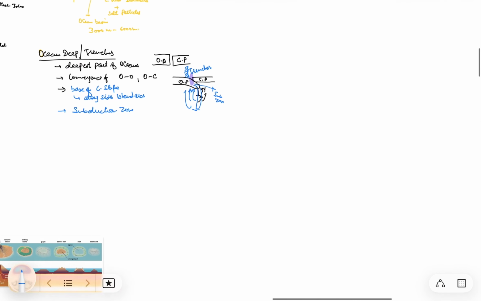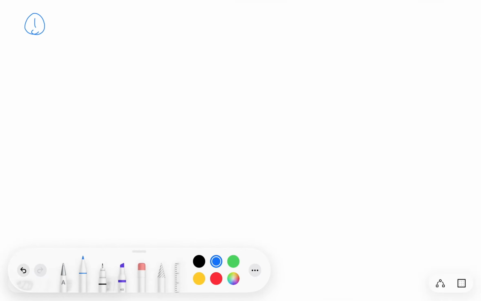The first factor which affects the temperature distribution is latitude. How latitude defines it: from the equator to the poles.